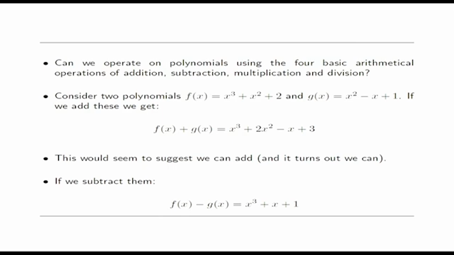So, we have a polynomial f(x), which is the summation of a_i x^i, i equal to 0 to n. So, this is basically a0 plus a1 x plus a2 x square plus up to an x to the power n.